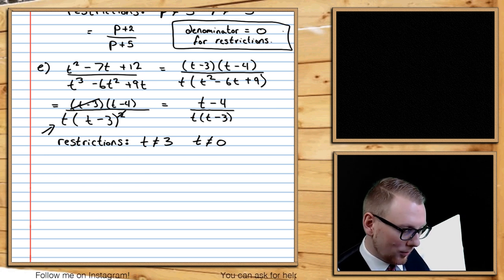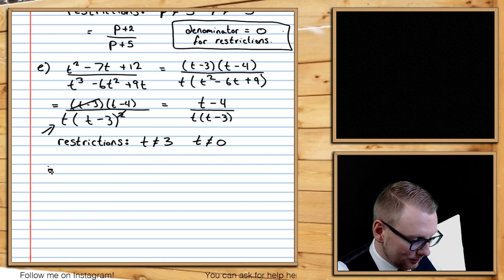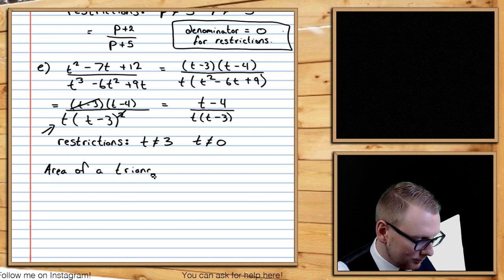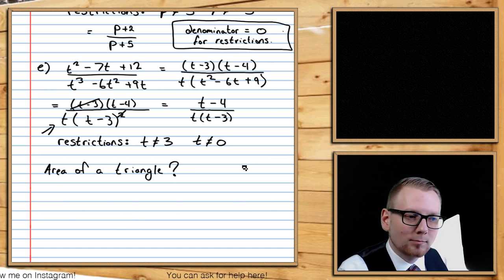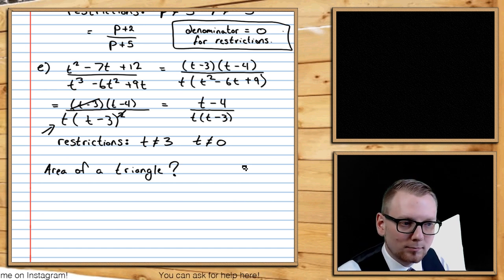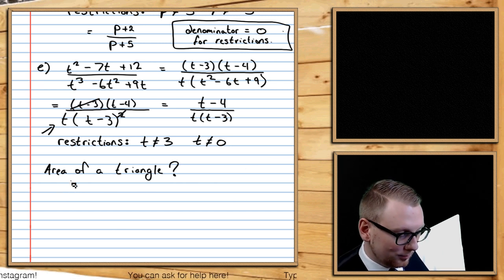Just straight up. You have a triangle. What's the area of a triangle? One half base times height.